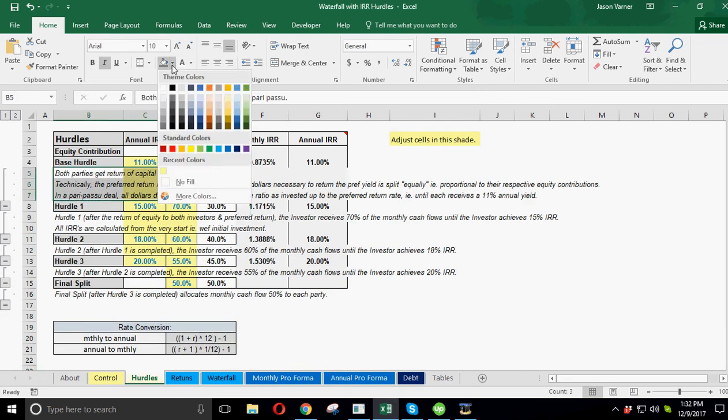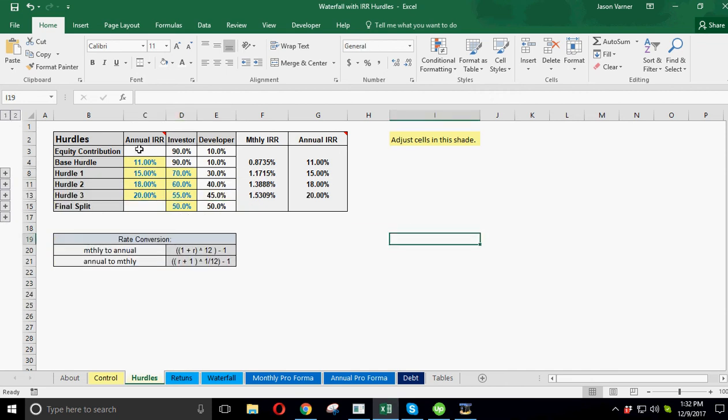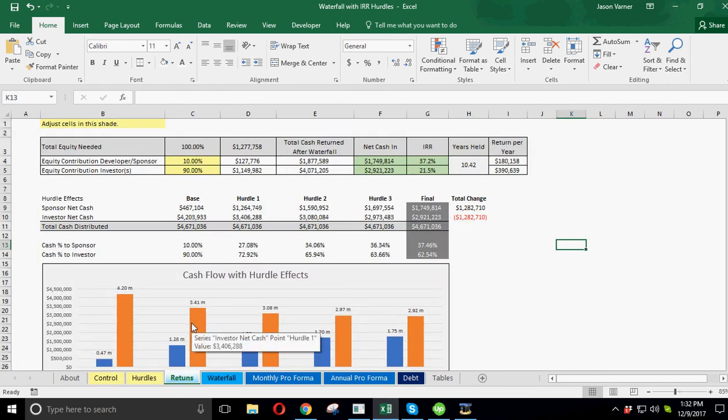So we've got some descriptions here if you want help, but these should be white. So this is going to define, this is saying right off the bat, the investor and developer are going to get a split that's equal to their investment, and that is going to be determined right here. On the return summary, you're going to put in the percentage of total capital that the investor and developer contribute, and the total cash required is just going to take all the negative values in row 49.